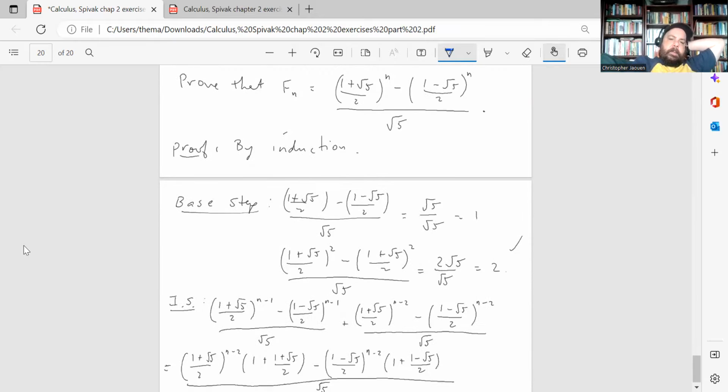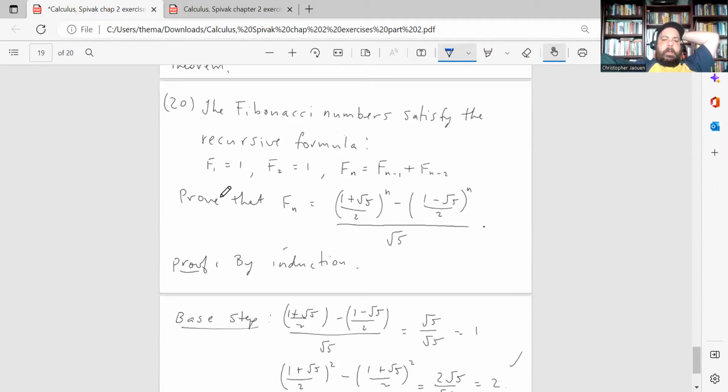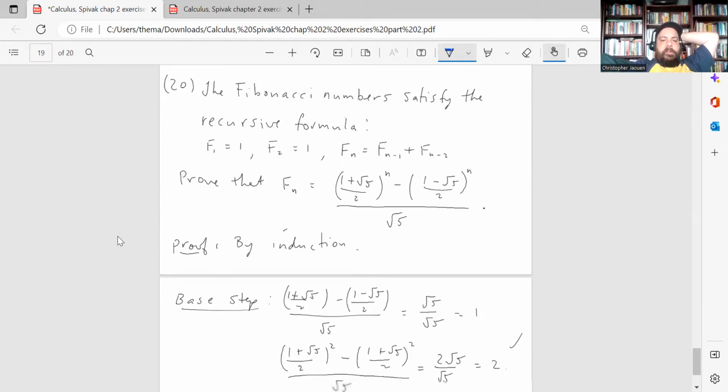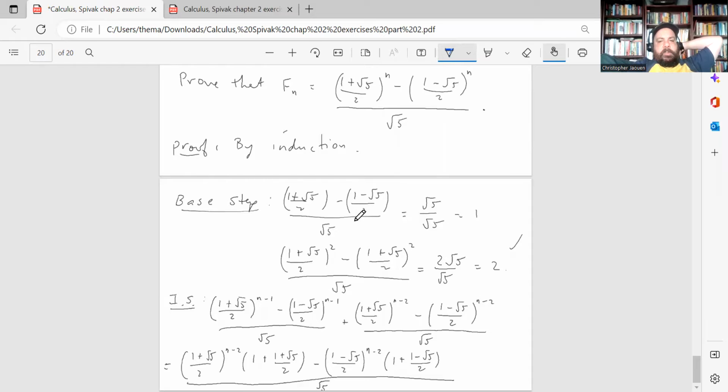For the base step, you have to go two deep because the recursive formula has the nth term defined in terms of the previous two. So when n is 1, you get the Fibonacci number 1, and for n equals 2, you get the Fibonacci number 2.